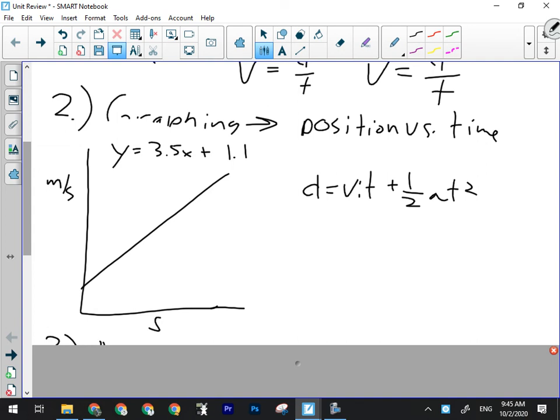Part of this equation represents vi, part of it represents our acceleration, and our time we can always read directly off our graph. We can very easily solve for that using what the graph and the equation give us. So keep that kind of stuff in mind. Like I say, fair amount of marks on graphing on your unit exam, so be ready for that.